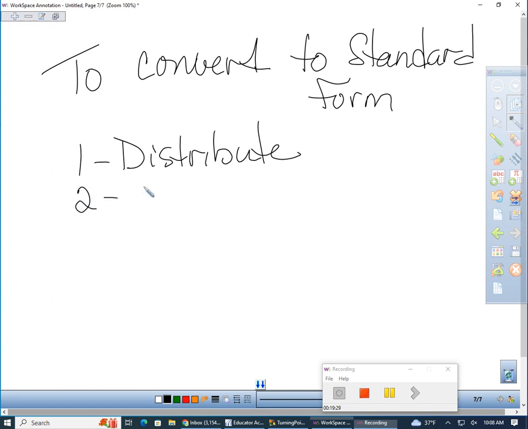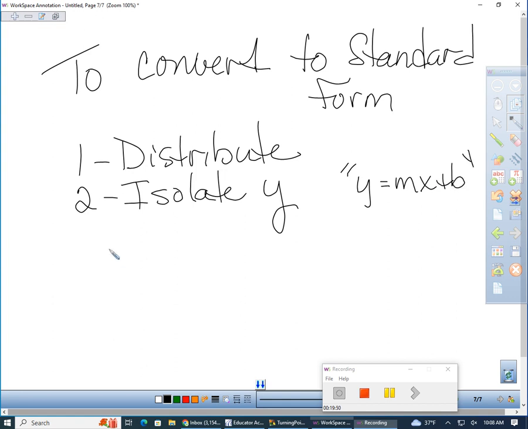Step 2. We're going to isolate y, which means we just put it into what kind of form? Y equals mx plus b, or slope-intercept, right? This got us to here, y equals mx plus b. All right, so step 3. Remember the first thing I told you is there can't be any fractions in standard form, right? So we're going to clear the fraction.